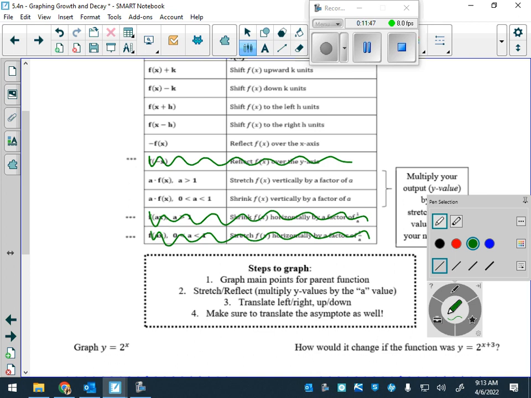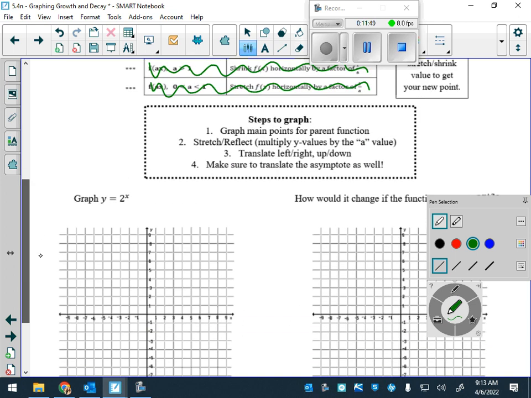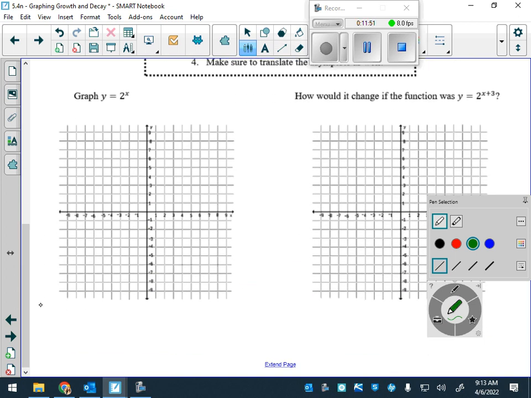You're going to notice that we're going to have different parent functions. If you have a graph y equals 2 to the x, that is technically your parent function for this particular case. So anytime we're graphing a new function, we always start with a table of values.